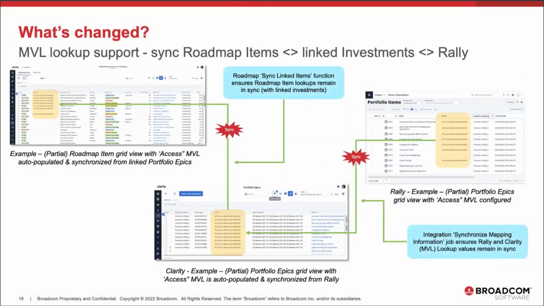Here's an example of a field called access, with read only, read write, etc. Multiple values. Clarity and Rally keep those in sync. And then there's an extra step from the underlying investment in Clarity to the roadmap. So now you've got multi-value sync from Clarity to its roadmaps, as well as single value that was introduced in the last release.